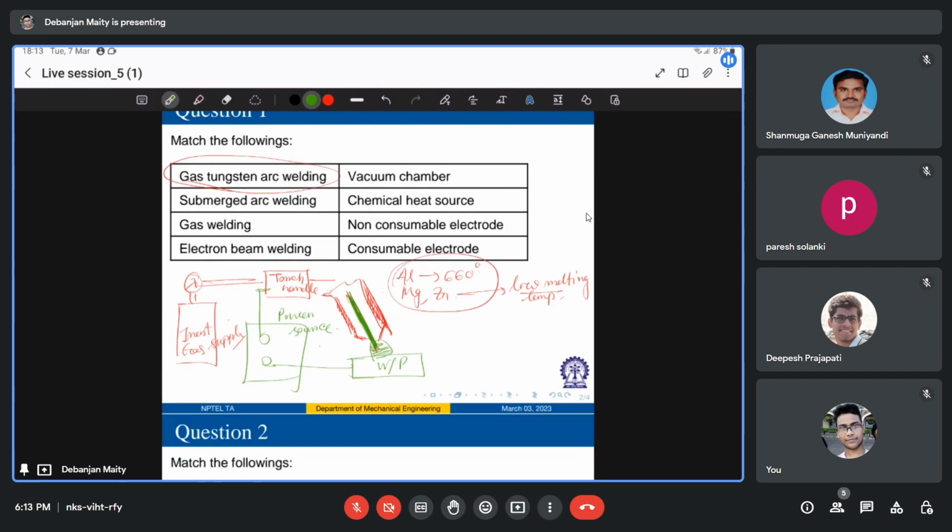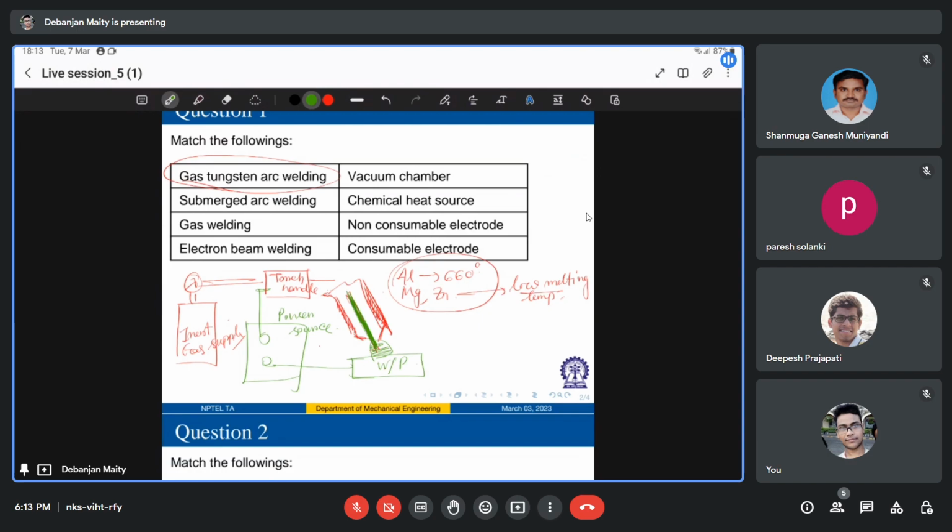Now here you have this non-consumable tungsten electrode, and the workpiece are kept in a protective inert gas atmosphere, and any filler metal needed is supplied externally, right? Normally in tungsten inert gas welding, a DC arc is used with tungsten as the negative pole.